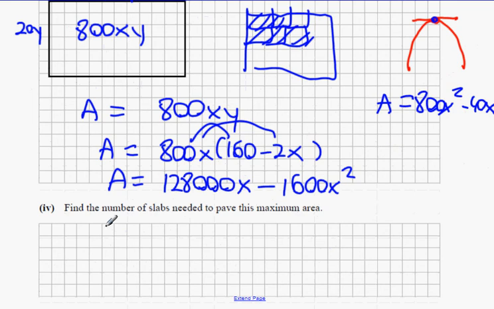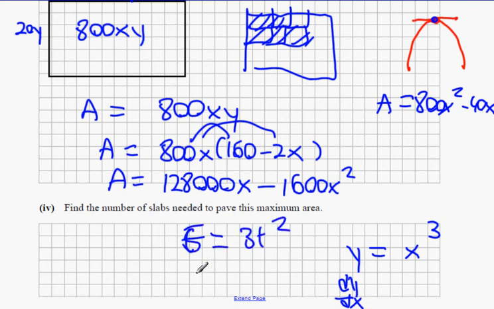What will be the letters for the first derivative? Let me show you. If we have y equals x cubed, the derivative is dy/dx. If I have s equals 3t squared, what's the derivative? ds/dt.